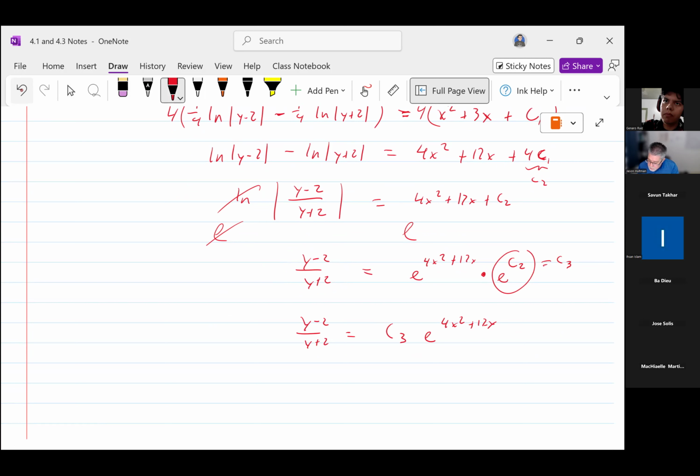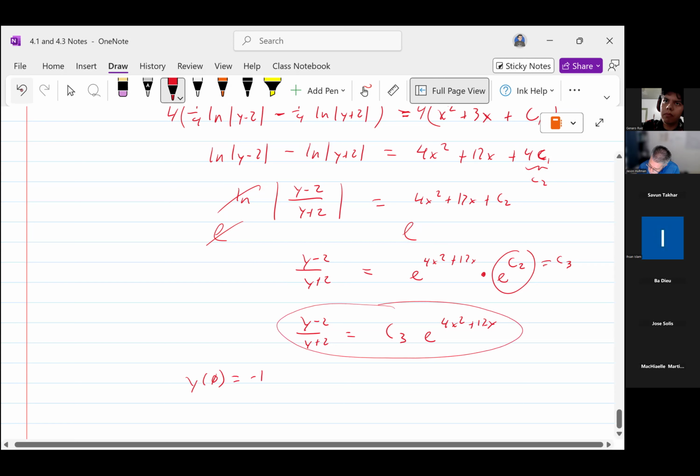Or we could actually, since this is an initial value problem, solve for C3 and figure out what it is. This is our general solution, but we want a particular solution because we're given an initial value problem. The initial value was that when x is 0, y is -1. So let's plug these values in for x and y and solve for C3.